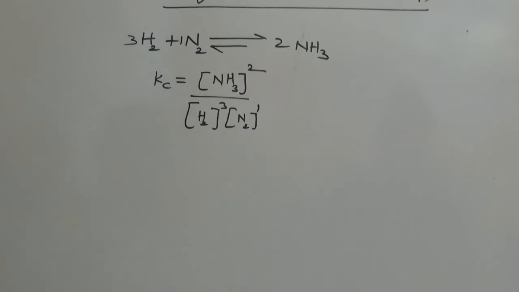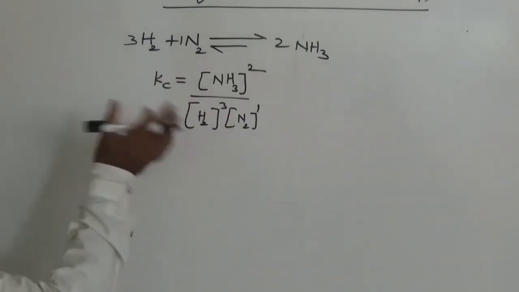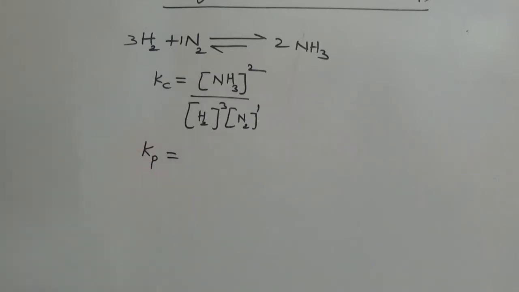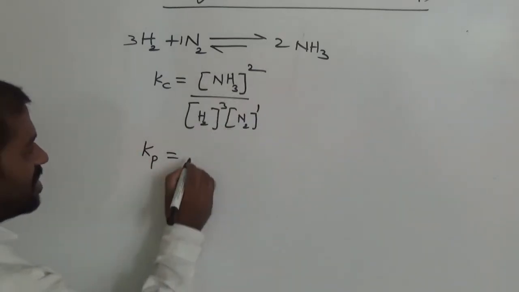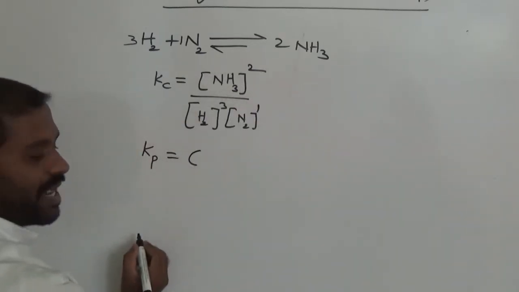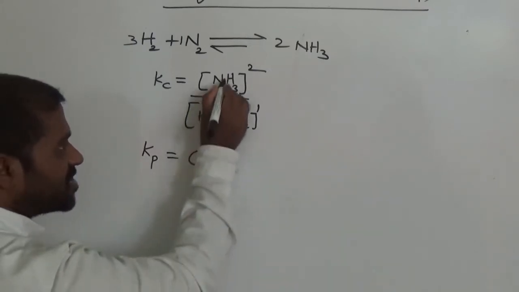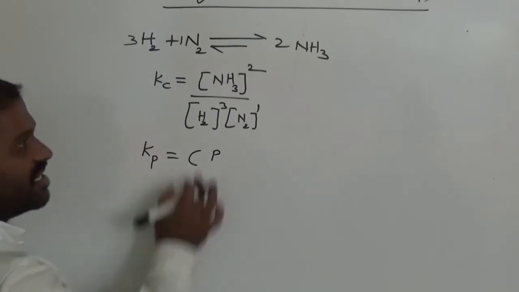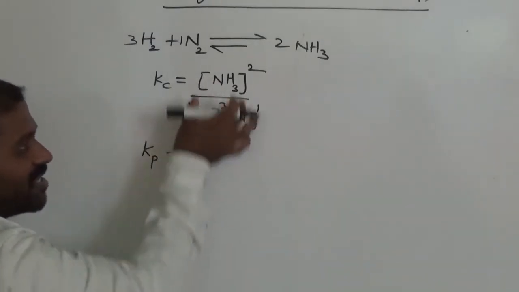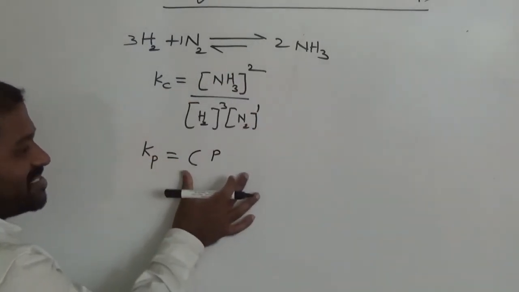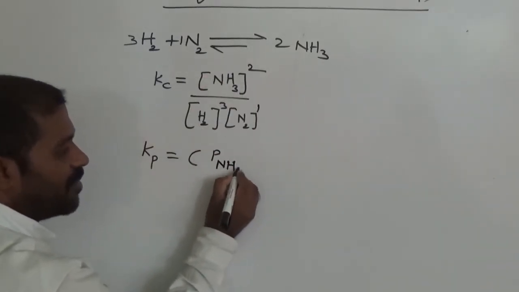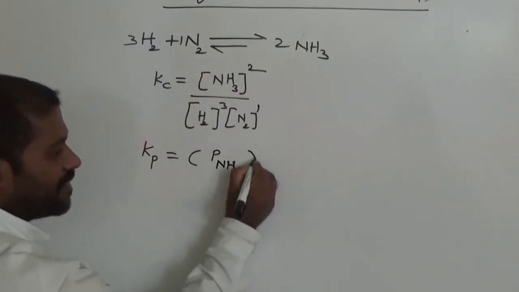Am I right? Now for the same expression in Kp, that is in terms of partial pressure, how is the equilibrium constant taken? Simply change the shape of the bracket. This is the concentration of ammonia, NH3, in the square bracket. Now I change the bracket to round, meaning the partial pressure of ammonia, PNH3.